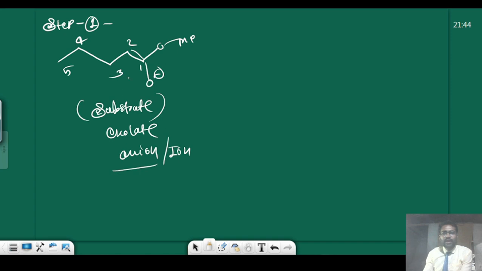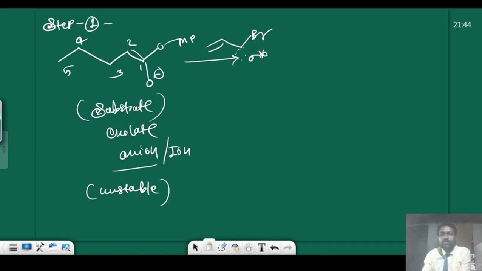This enolate anion, as you know very well, is unstable. It reacts with allyl bromide. It attacks the sigma star orbital of the carbon-bromine bond, which lies exactly opposite to the sigma bond.